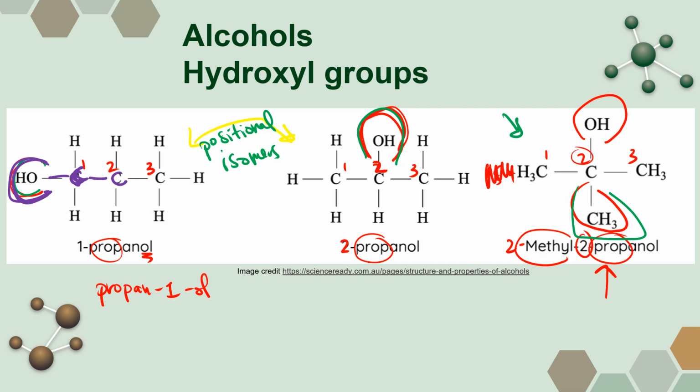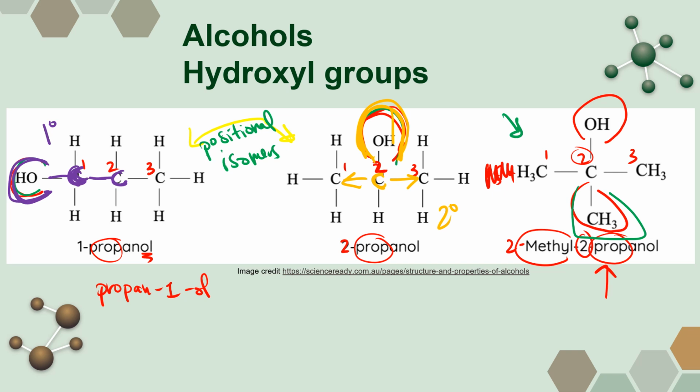Because that carbon is stuck to one other carbon, we're going to call this a primary alcohol. This guy, the hydroxyl group is here. The carbon that the hydroxyl group is bound to is stuck to two carbons. We're going to call this a secondary alcohol.